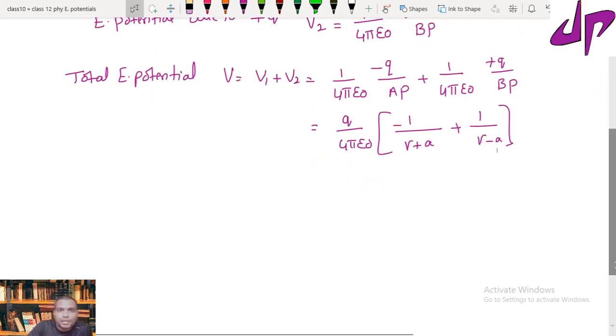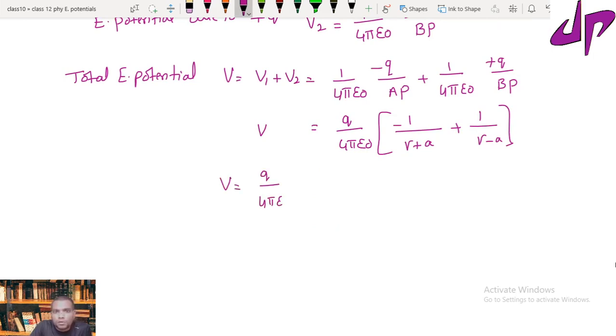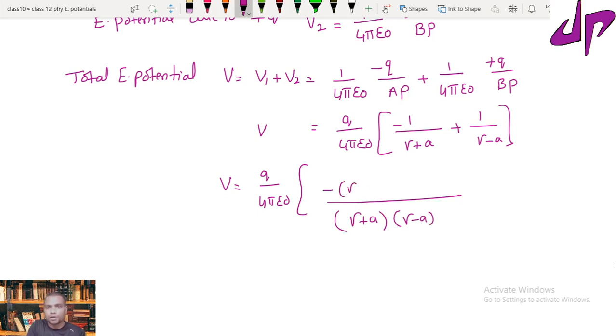Now, to get the final expression, we need to simplify this. We can write V equal to q upon 4 pi epsilon naught, and take the LCM. On the denominator we get (r plus a)(r minus a). On the numerator it's minus (r minus a) plus (r plus a).